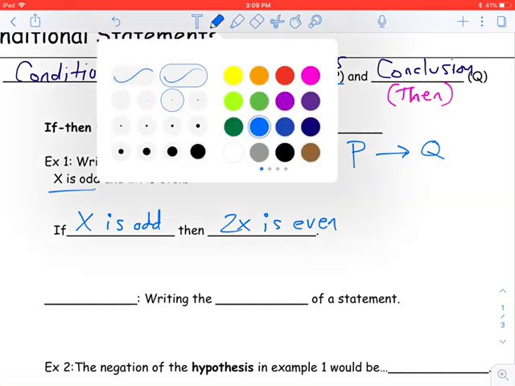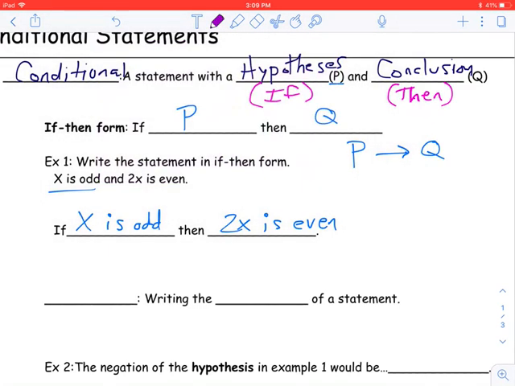Okay? And then from there we can kind of decide if that's true or not. Okay? So that's kind of how we write if-then statements. If one thing, then the other thing. Okay? And then this symbol here, kind of what we put on top of a congruent sign, is called a tilde. This is writing the negation of a statement. Negation means this is not.